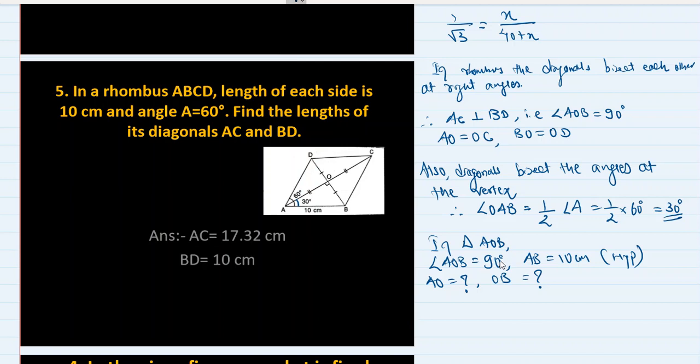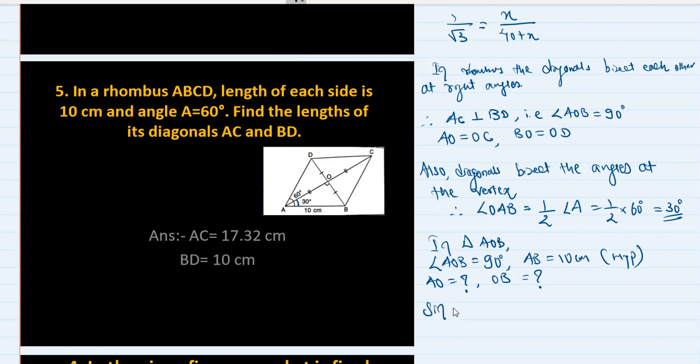Okay, so if we want to find, let's say, OB, how can we find OB? OB is the opposite side of 30 degrees, and AB is the hypotenuse. So which is the relation between hypotenuse and opposite?